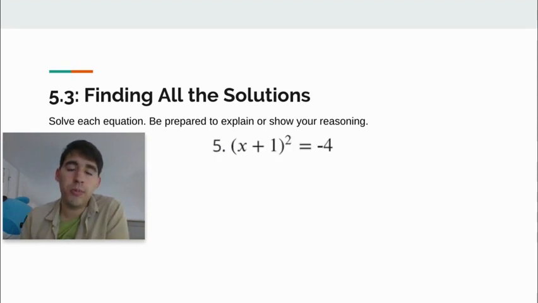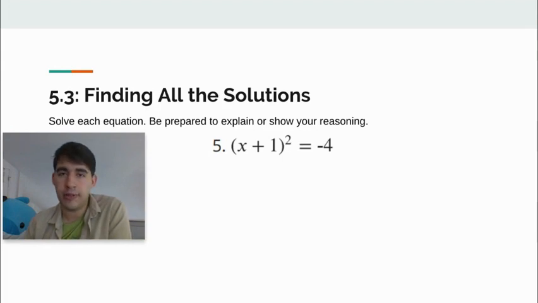I want to show you one more here. x plus 1 squared equals negative 4. We can actually solve this one by reasoning as well. On the left-hand side of the equation, we see something squared. Doesn't really matter what it is, but it's some quantity squared. On the right-hand side, it says it equals negative 4. Now, just by reasoning, we can say that anything squared is always positive.